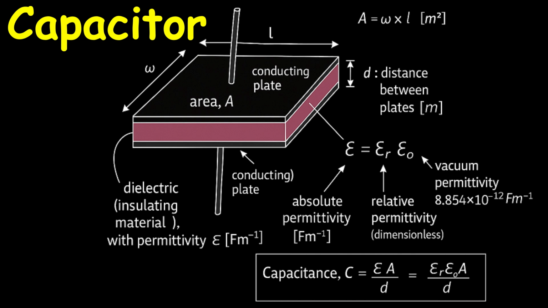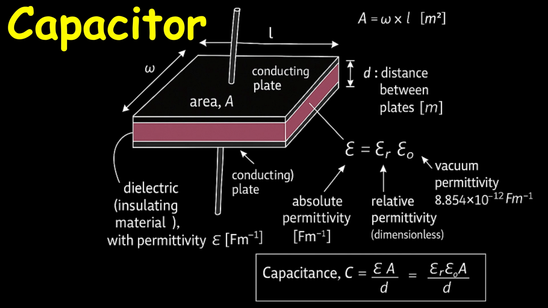The positive charges on one plate and the negative charges on the other are intensely attracted to each other across this gap. The closer you bring the plates together, the smaller the distance d, the stronger this attraction becomes. This powerful attraction allows the plates to pull in and hold even more charge from the circuit. So, here's our second fundamental rule: the smaller the distance between the plates, the more capacitance it has.